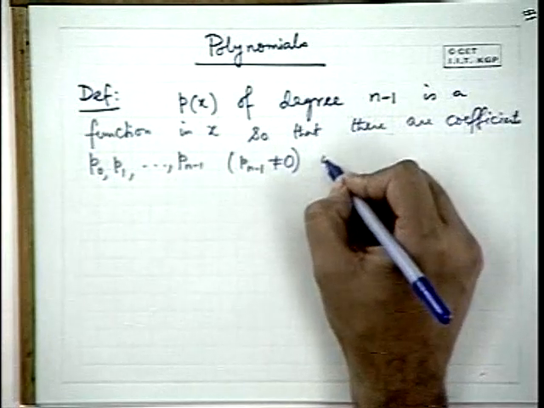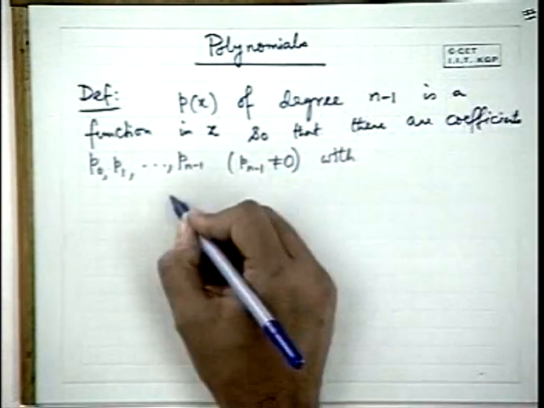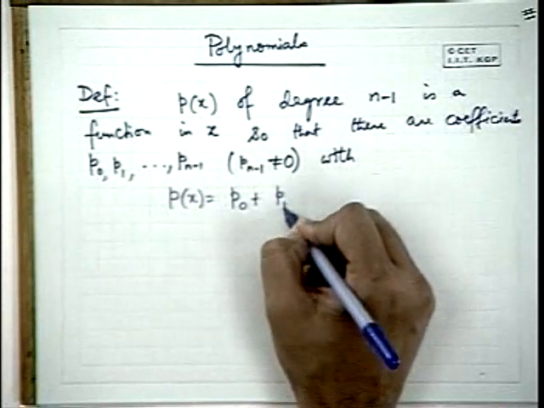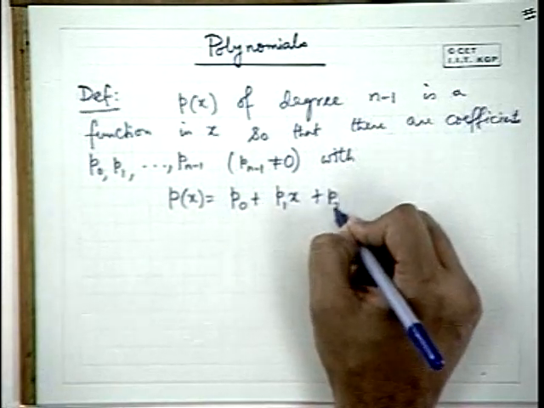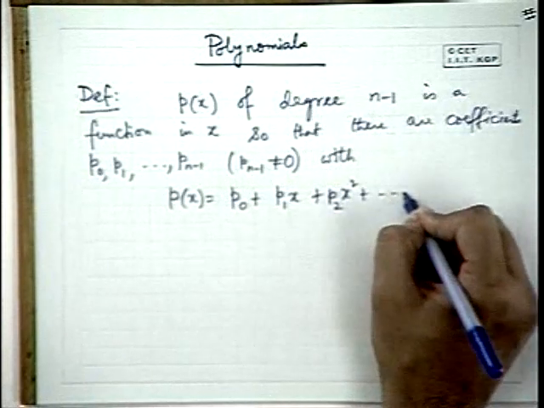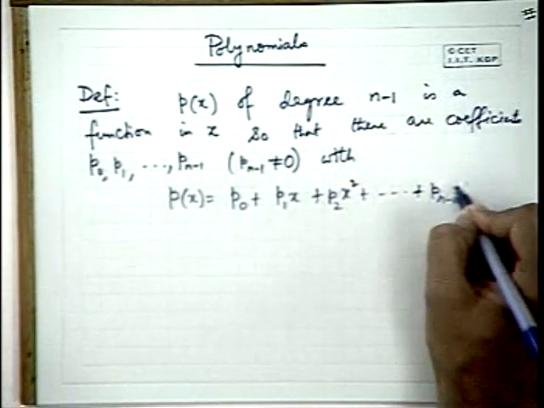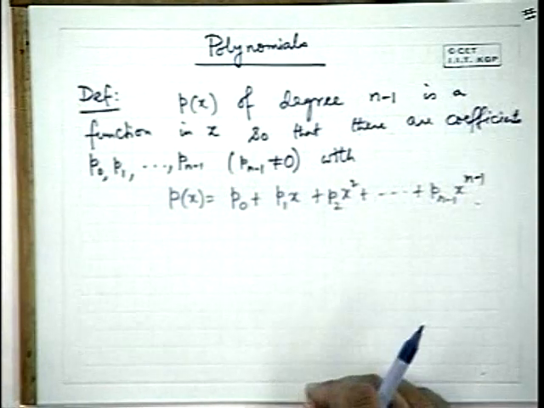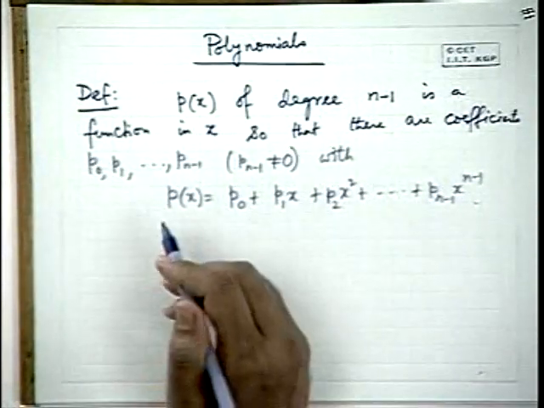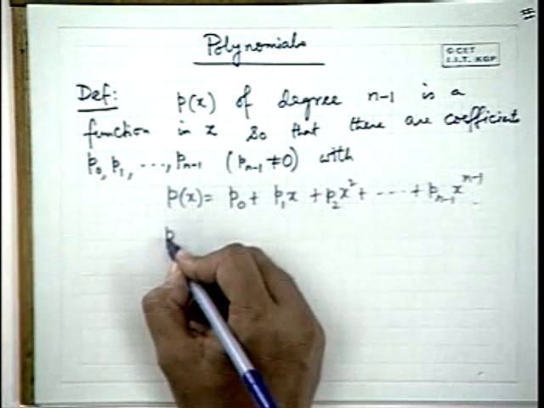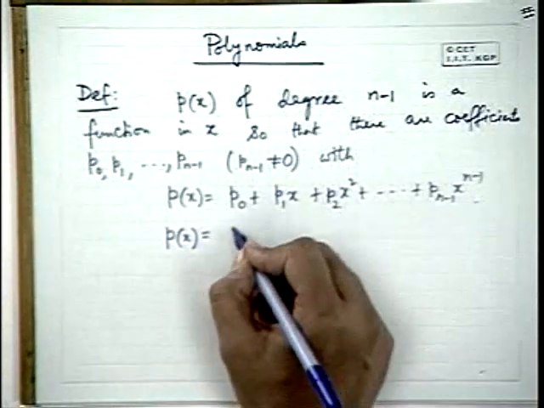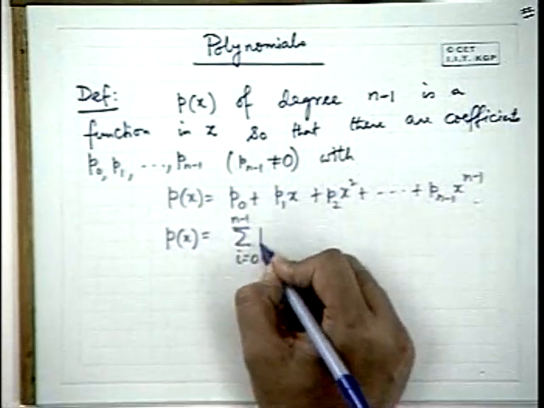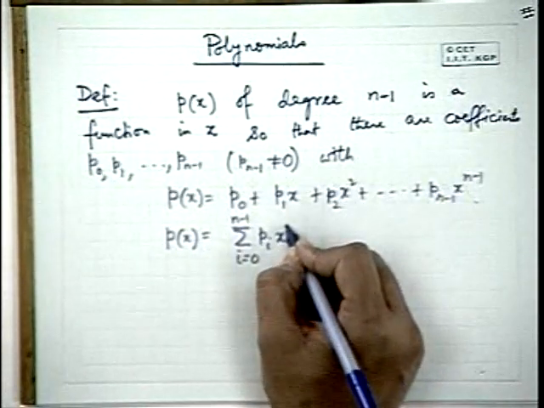With P(x) equal to, it's a very standard definition, P0 + P1 x + P2 x squared, up to P(n minus 1) x to the n minus 1. So that's the definition of our polynomials of degree n minus 1. Generally it is represented as the sum for i from 0 to n minus 1 of Pi xi.